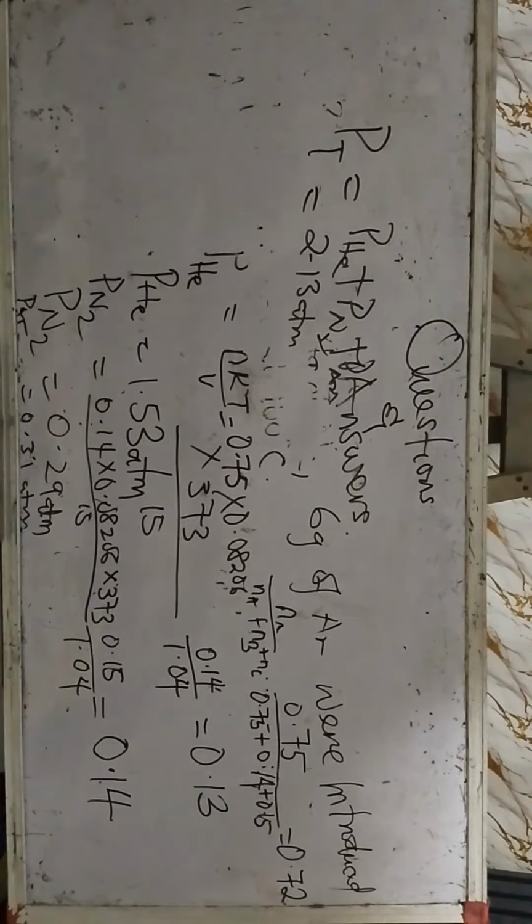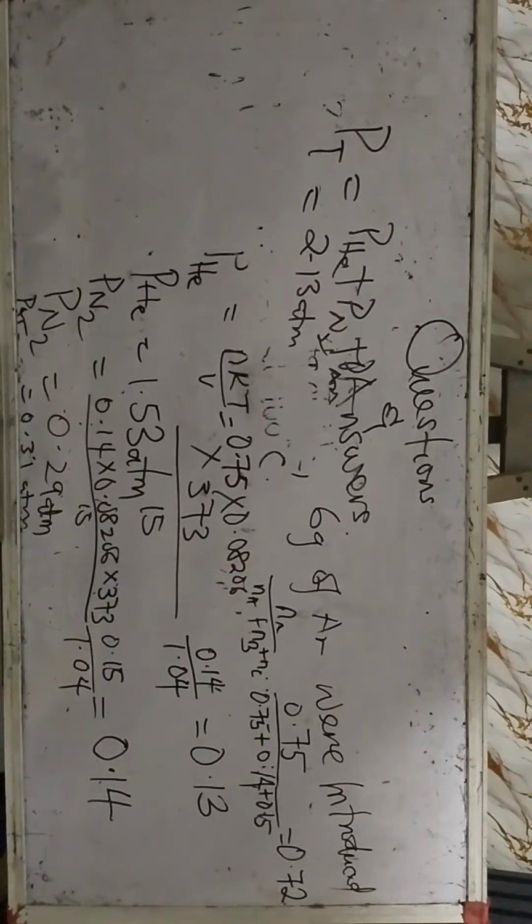Your own is to put your answer with the unit. So the total pressure is the sum of the partial pressures of helium, nitrogen and argon, and all together is 2.13. I think that is the question for gas law.